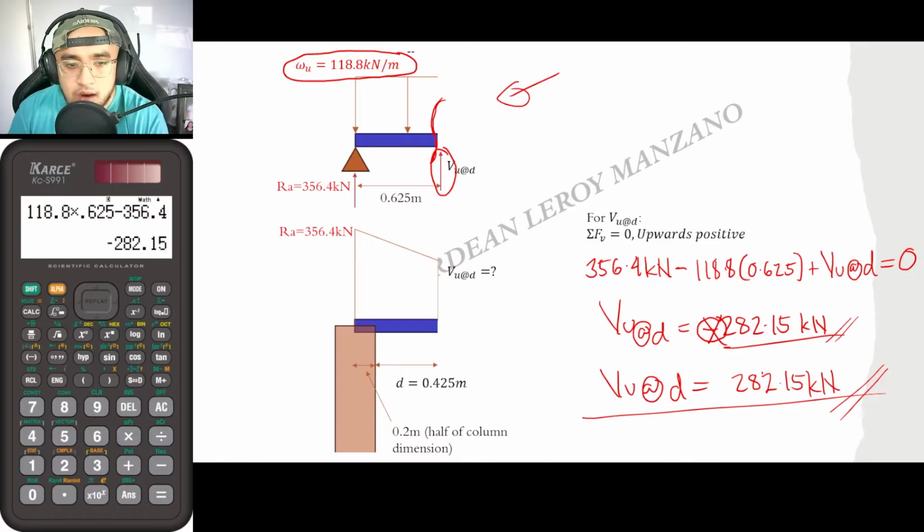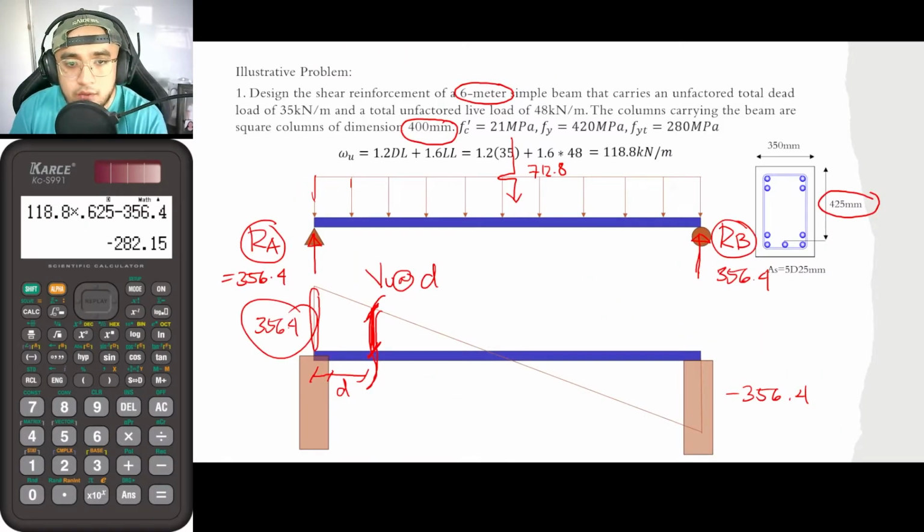Another way for you to do that, since in our problem here we have a uniformly distributed load, is that I know for a fact that at this particular point, which is at the middle, V there is equal to 0. And at the start, I know that V is equal to 356.4. I could actually make use of mode 3, 2 in my calculator.